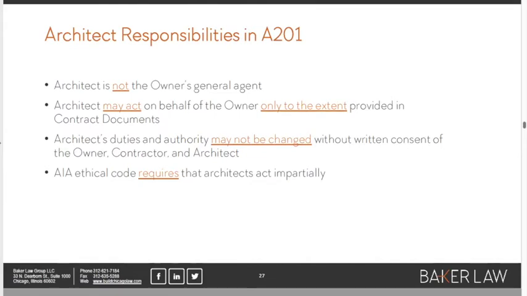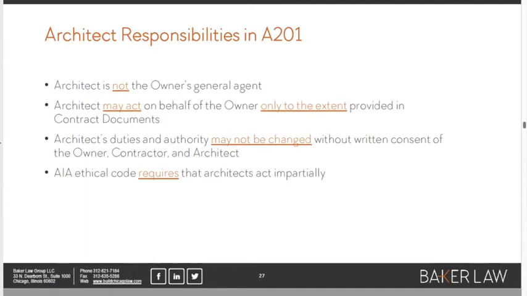I've discussed that that is where the GC perhaps begrudgingly accepts the architect's role as kind of a protector of the owner. It's going to call out a payout that shouldn't be approved. It's going to call out bad construction work if they observe it on the site, and the A201 specifies the architect's role in acting on behalf of the owner, but it's really important to understand that that role is not unlimited.